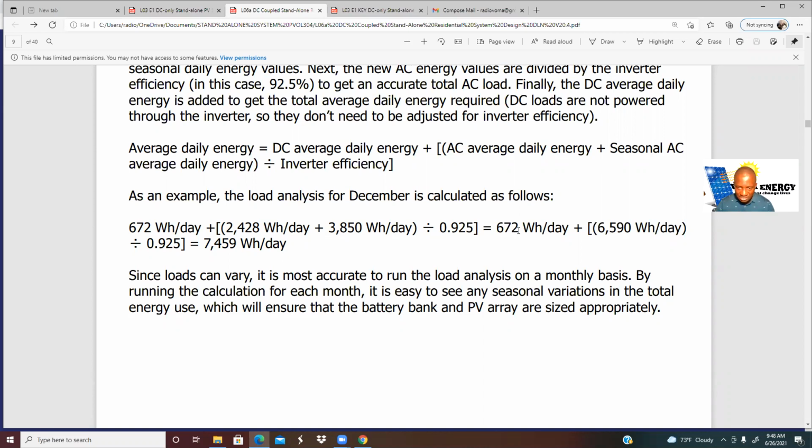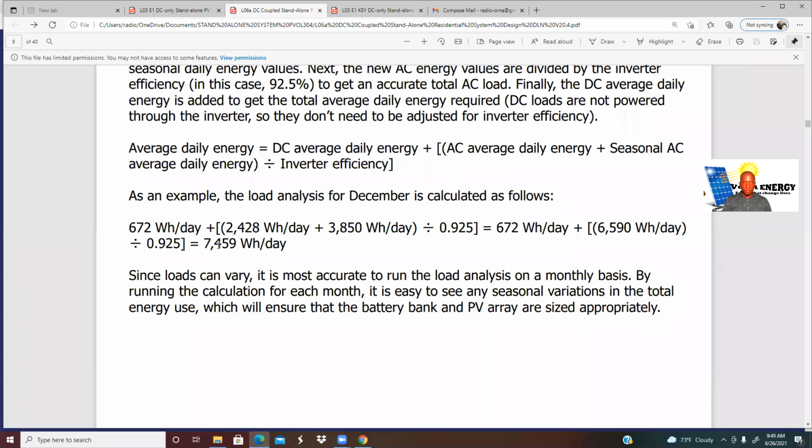That will give you 662 watt hours a day plus 6,500 watt hours a day divided by 0.925 equals 7,457.59 watt hours daily, after combining all and dividing by the efficiency of your inverter. So now we have our total watt hours daily.